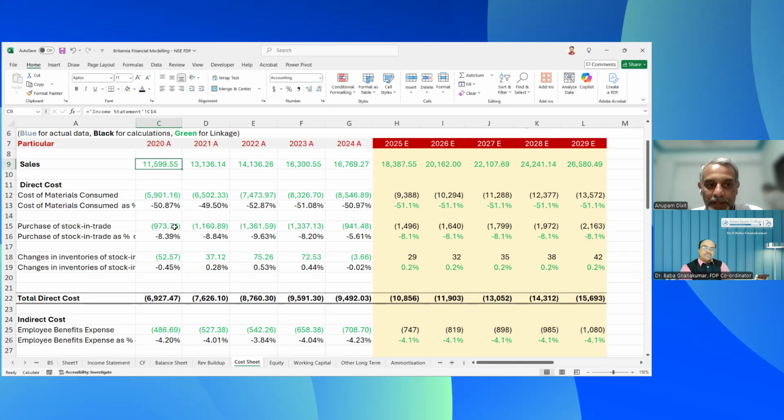Two rows below, this is purchase of stock in trade divided by sales. Again, changes in inventory divided by sales, employee benefit expenses divided by sales. So everything gets divided by this specific cell in this column. For that, what we have done is introduce C12 divided by C$9.